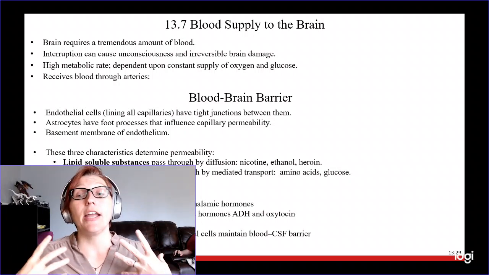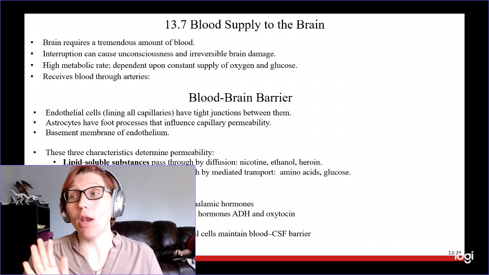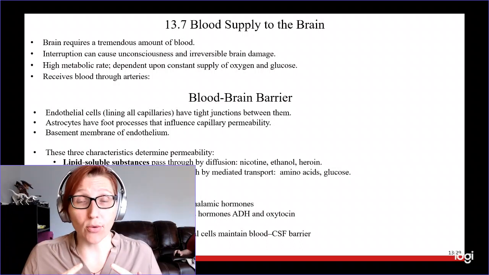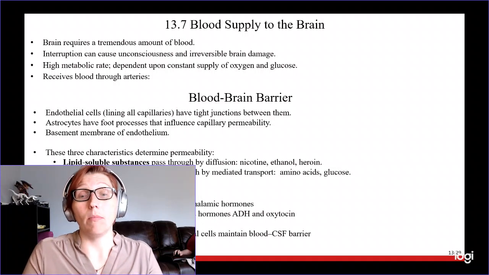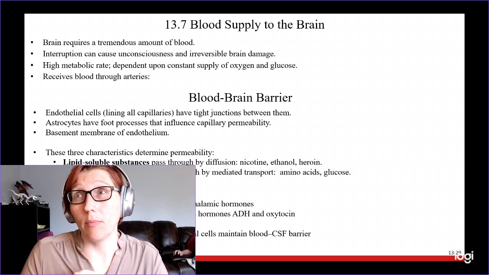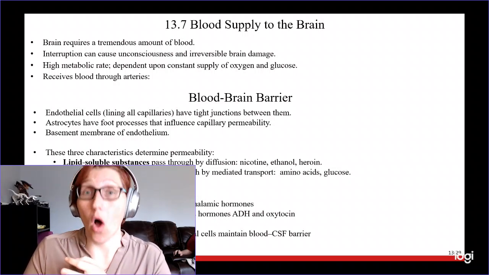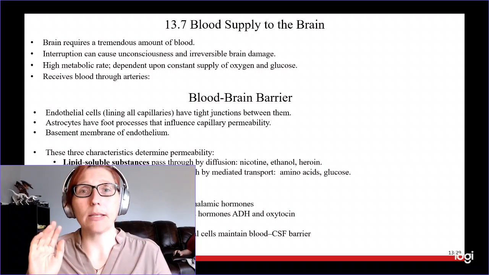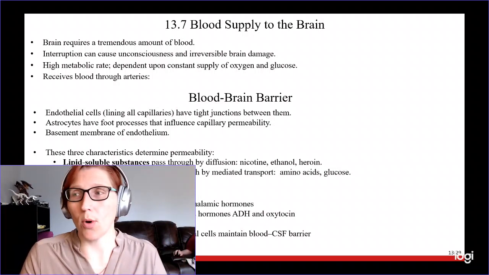So things like nicotine, ethanol, heroin, caffeine, all of that stuff just permeates through, diffuses through on its own, hence why nicotine and caffeine, caffeine specifically, the one probably all of you, I could say with almost 100% certainty, all of you have had caffeine. It takes very rapid effects because it diffuses directly into your brain.